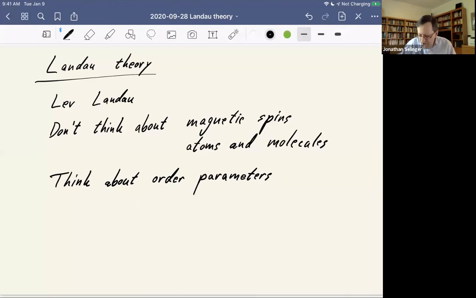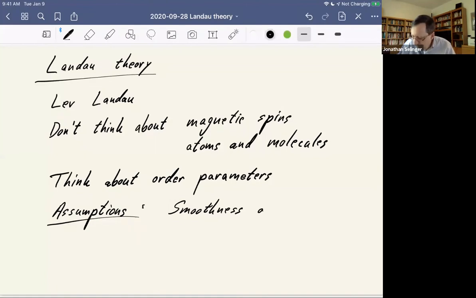And this was the great insight of Landau, is that we can figure out a lot about phase transitions if we just have fundamental assumptions about the smoothness of functions and about symmetry. And so this kind of theoretical approach is what I like to call, how to get something for nothing, right?